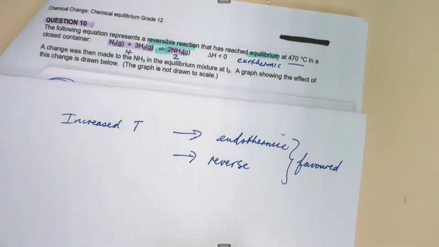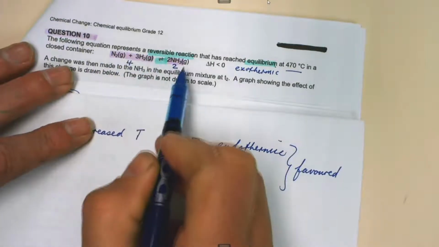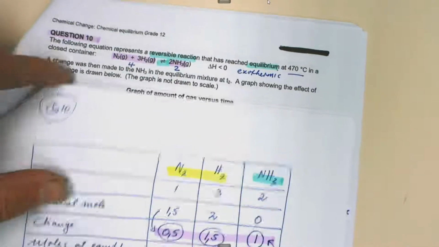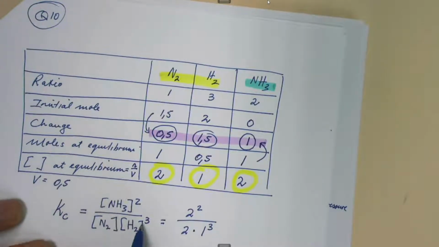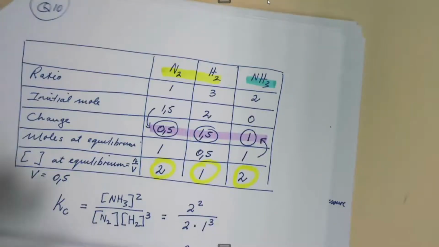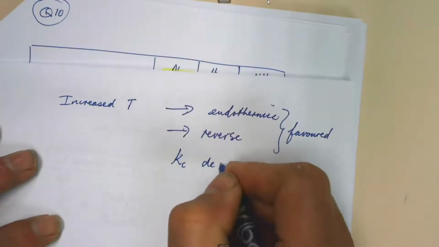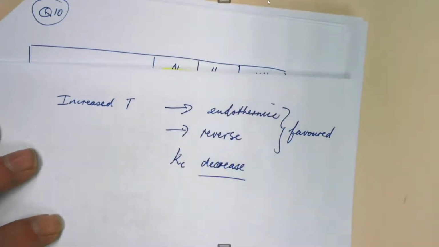Right? Now, if the reverse reaction is favored, then this concentration increases and that concentration decreases. Okay? So if that value decreases and this value increases, then my Kc value will decrease. Right?